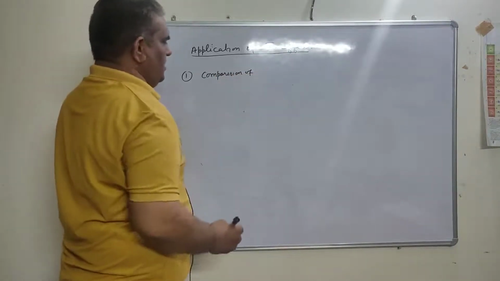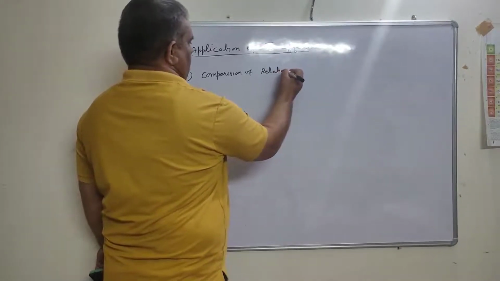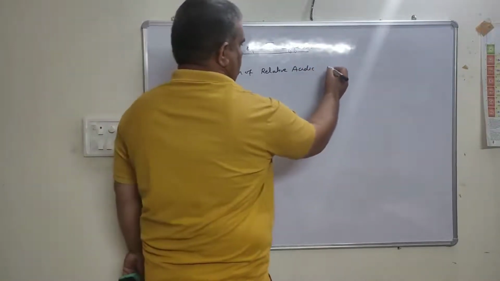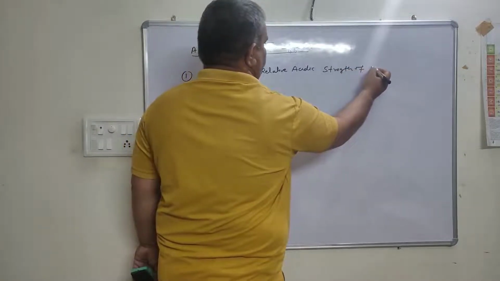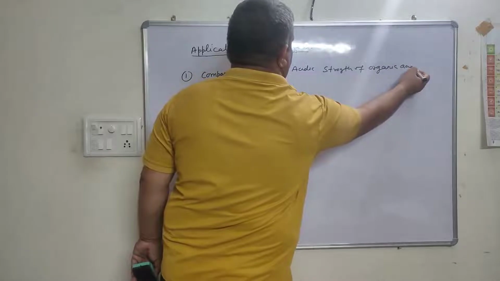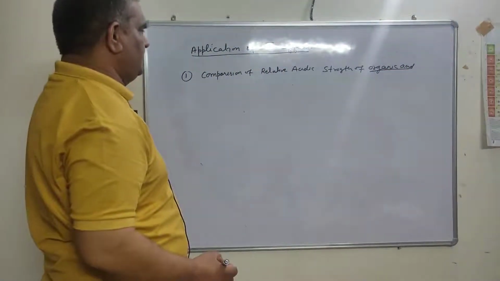of relative acidic strength of organic acids. The organic acids are also called carboxylic acids.